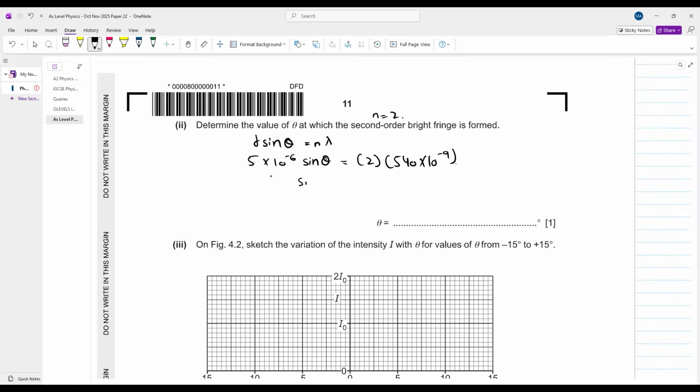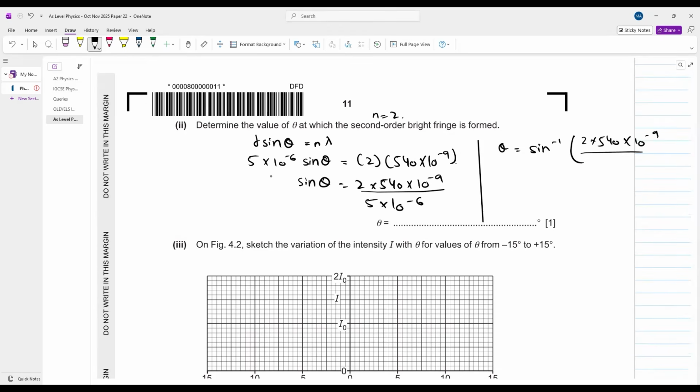Can you calculate sin theta? Yes. 2 into 540, 10 to the power of minus 9 divided by 5 into 10 to the power of minus 6. Can you calculate the angle? Theta is equals to sine inverse 2 into 540, 10 to the power of minus 9 divided by 5 into 10 to the power of minus 6. Can you calculate angle theta?